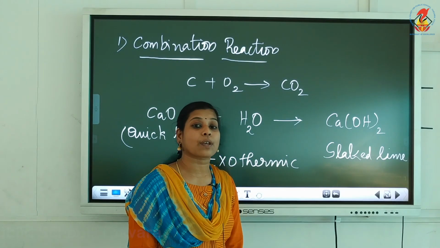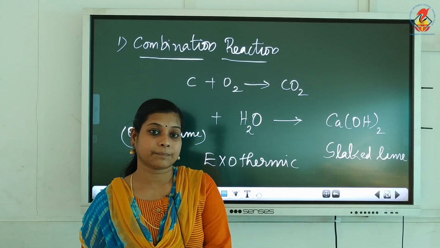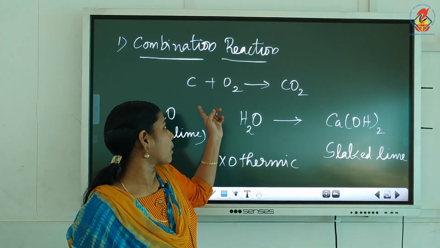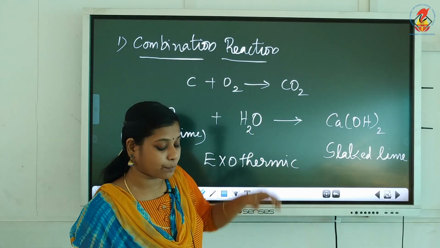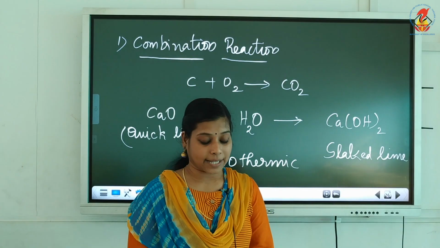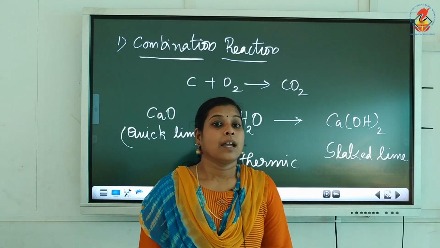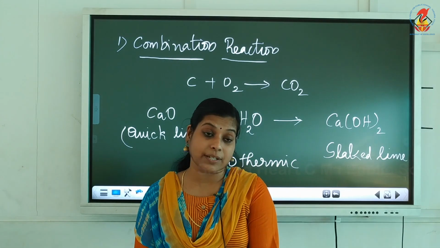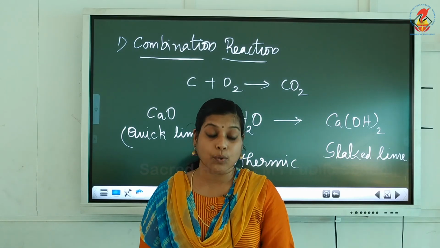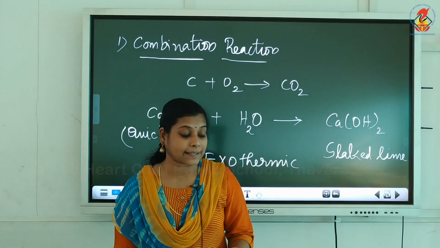At that time also the reactants combine with oxygen. So when 2 or more reactants combine to produce a single product, that reaction is known as a combination reaction. And the decomposition of vegetable materials into compost is also an exothermic reaction.